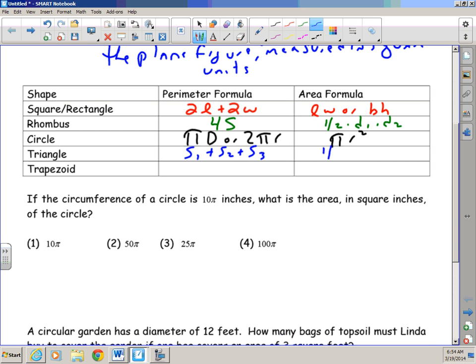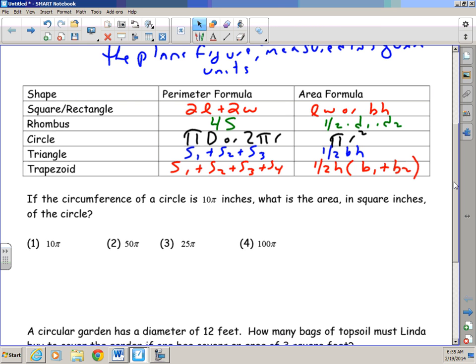Area is 1/2 base times height, or base times height divided by 2. Trapezoid, you just add up the 4 sides, and the area is 1/2 times the height times base 1 plus base 2. Base 1 and base 2 are the parallel sides of it.